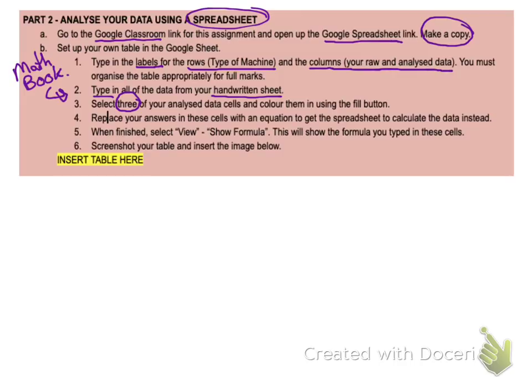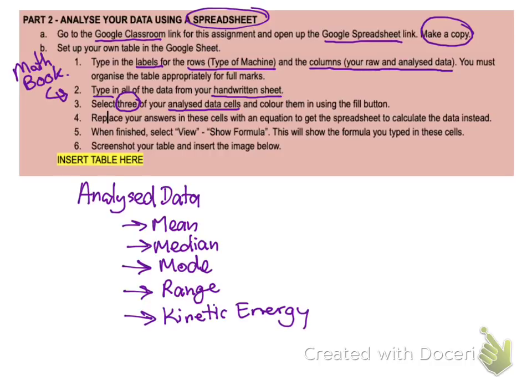So you need to look at your analyzed data cells. By that I mean the ones that are the mean, the median, the mode, the range, or the kinetic energy. I want you to pick just 3 of these. Okay, 3 of them.